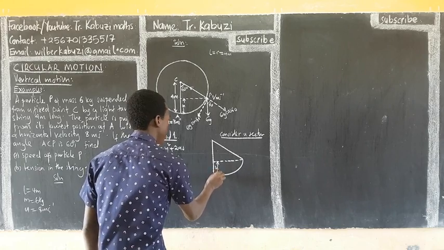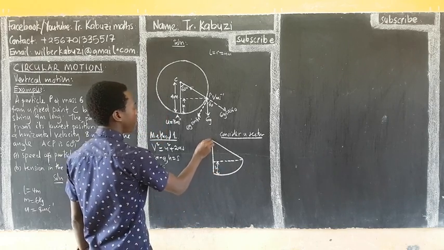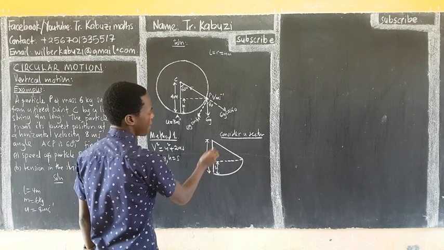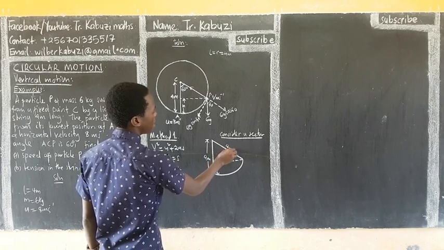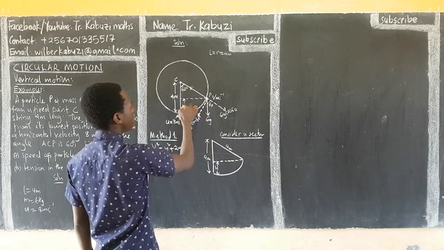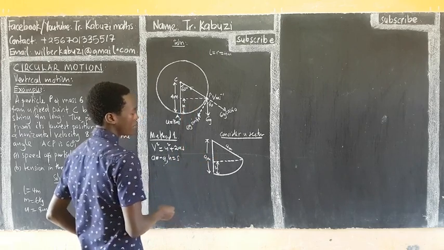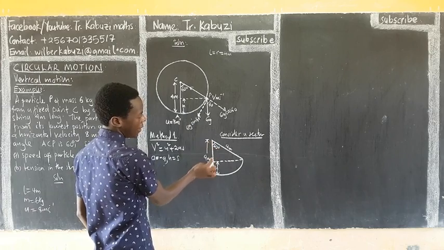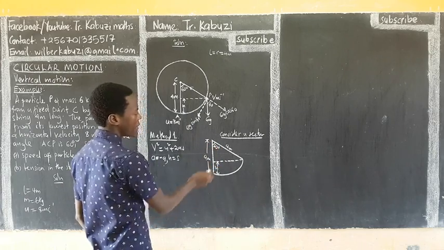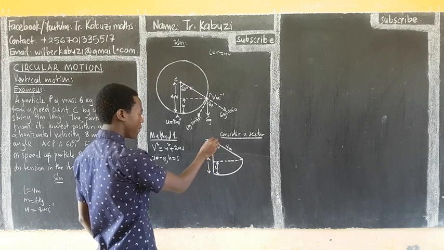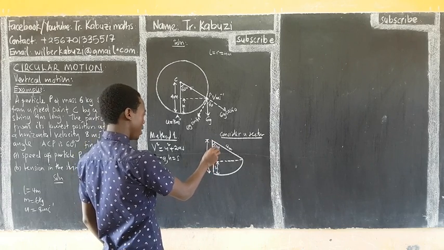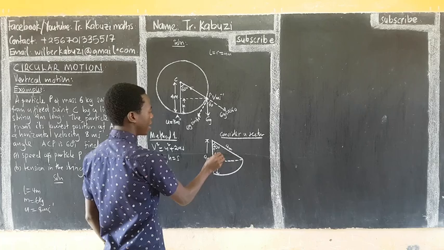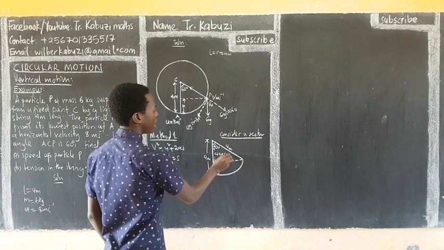But I know that from here up here is 4 meters, and the same, this is also going to be 4 meters, because from here up here is radius, and from here up here is radius. So that's why that is also 4 meters. This angle here is 60 degrees. So if I have this angle, it means I can get this length from here up to here. Meaning from there up to here, it's going to be 4 cos 60 degrees.